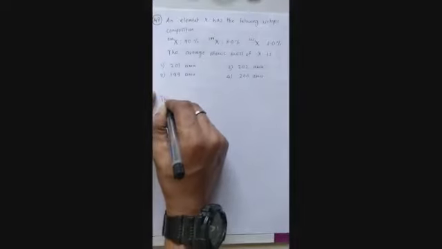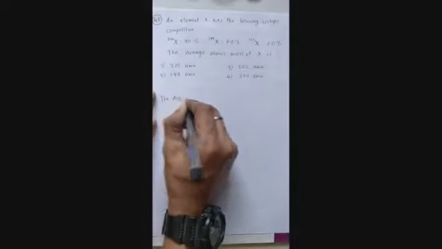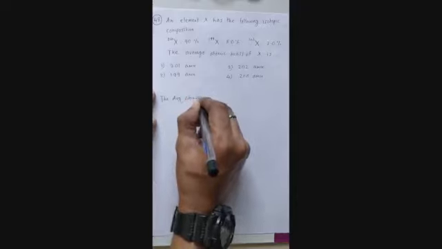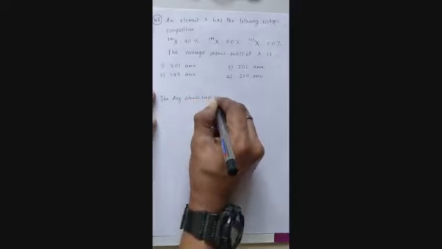See the next one, question number 48. An element X has following isotopic composition, and you are given the composition and the percentage, the average atomic mass of X. So how do you find the average atomic mass? It's very simple.